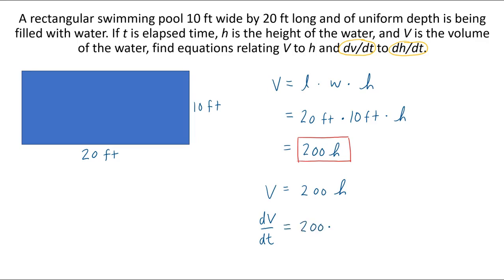And differentiating the right side of the equation, 200H, with respect to time, gives us 200 times dH over dt. And that is our equation relating how the volume changes with respect to time to how the height or depth of the pool changes with respect to time.